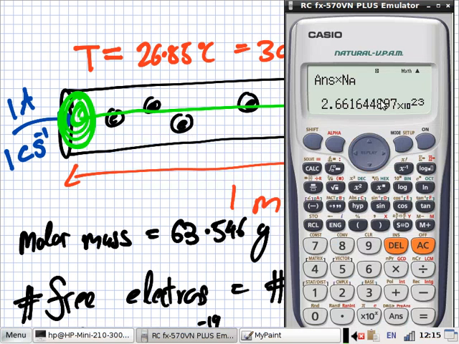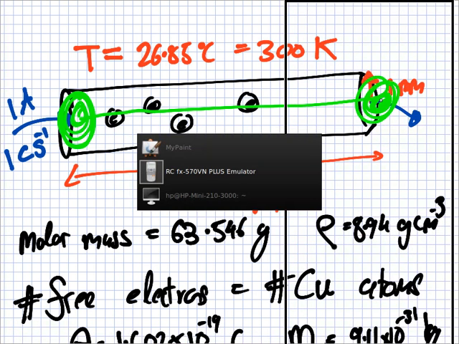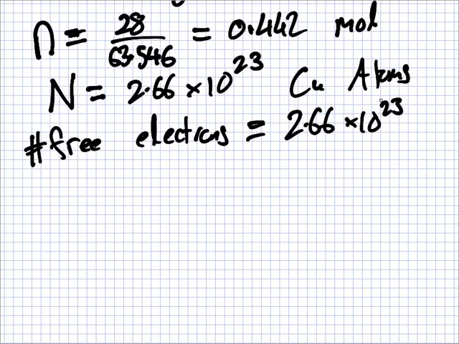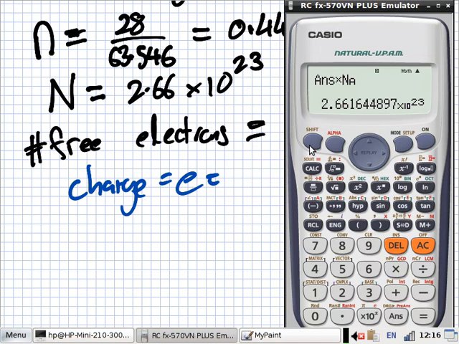Now, that's how many free electrons I have. What is the charge of an electron? The charge is equal to E, which is equal to what's that now on my calculator?